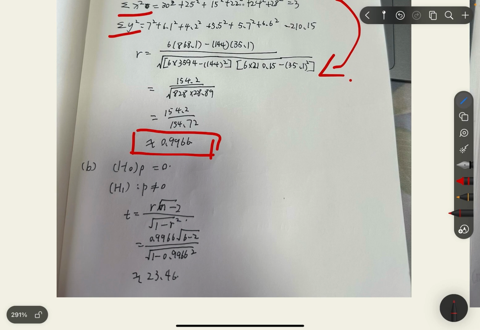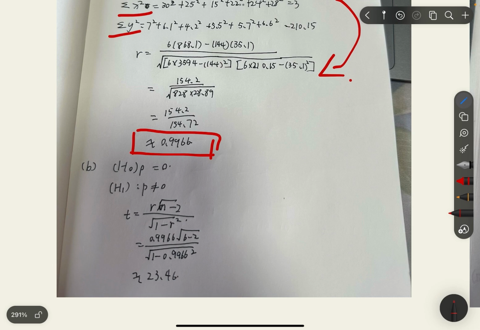In question B, conduct a hypothesis test to test the significance of the correlation coefficient at the level of significance of 0.2. In this question, first we need to state the hypothesis.